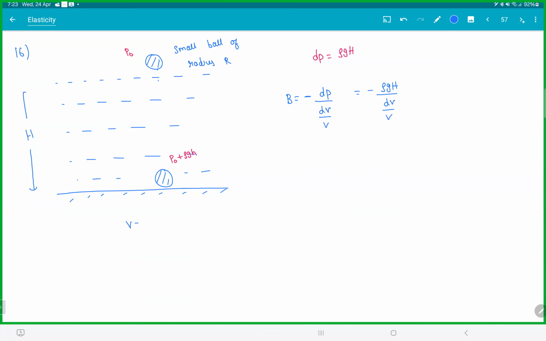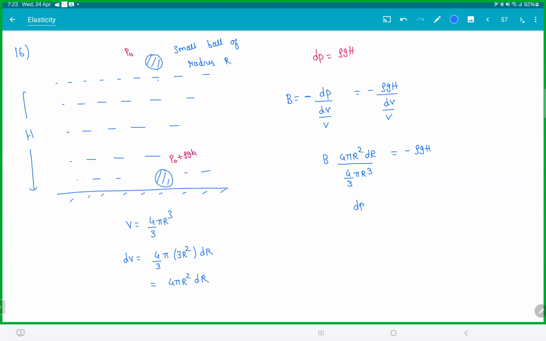Now for the volume of a sphere, V is 4 by 3 pi r cube. dV will be 4 by 3 pi 3 r square dr. So we'll get bulk modulus into dV, which is 4 pi r square dr, by 4 by 3 pi r cube, is minus rho g h.